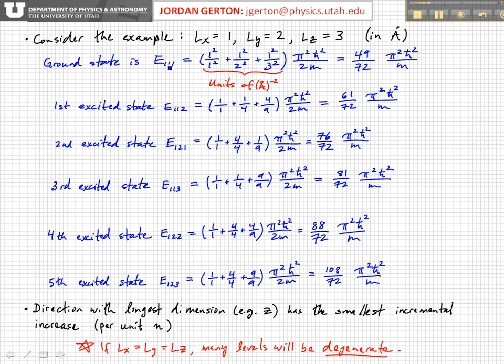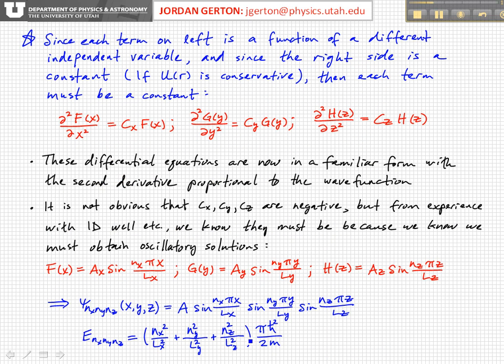Okay, so if we plug in the ground state energy, which corresponds to all the quantum numbers nx, ny, and nz equal to 1, then from looking at the form for the energy, we want to square the quantum number for each direction divided by the length for each direction.